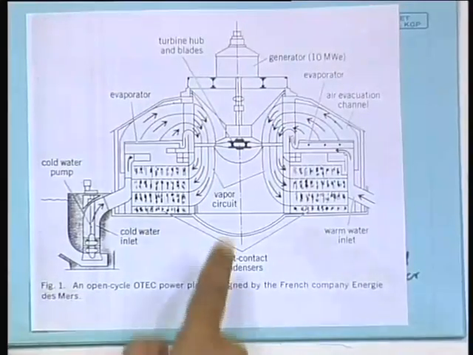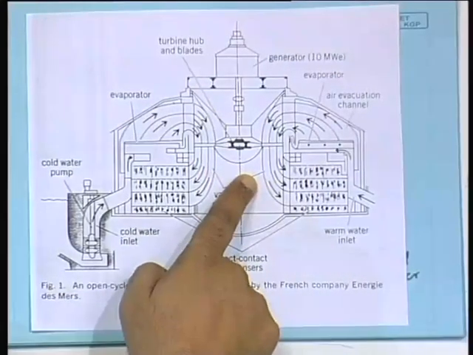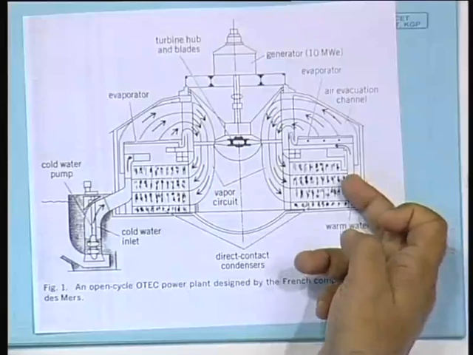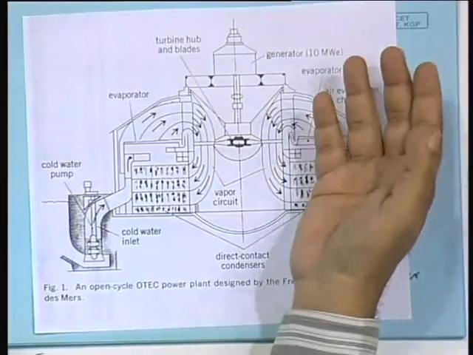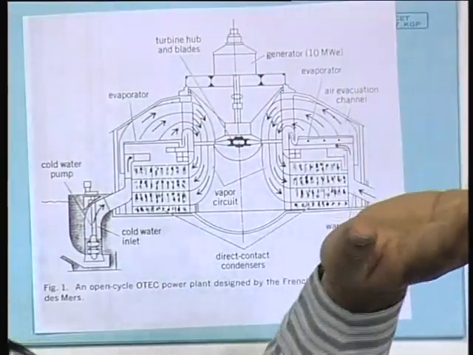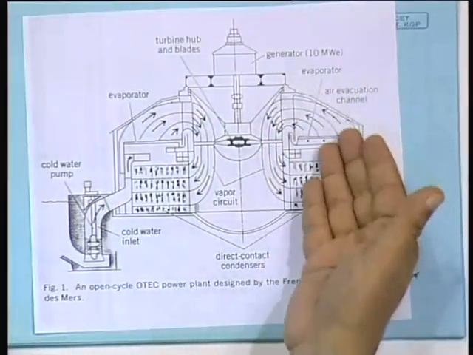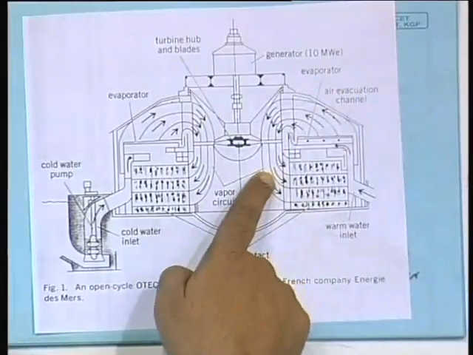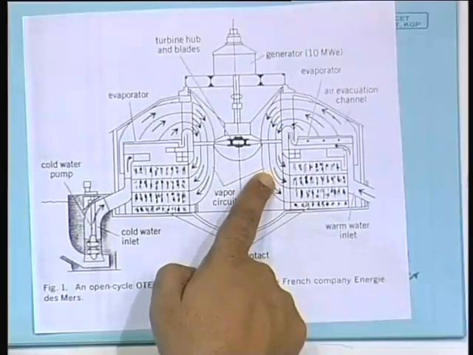Now, do you notice that here the water that is available is desalinated? Here the saline water is coming, that was evaporated, and thereby the steam comes without any salt. So, here what is coming is already desalinated, and here you are condensing it, and finally you are producing water again.